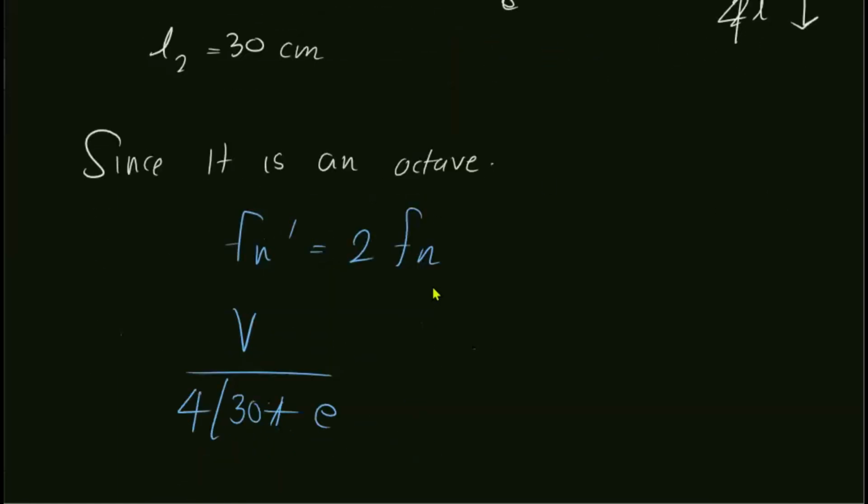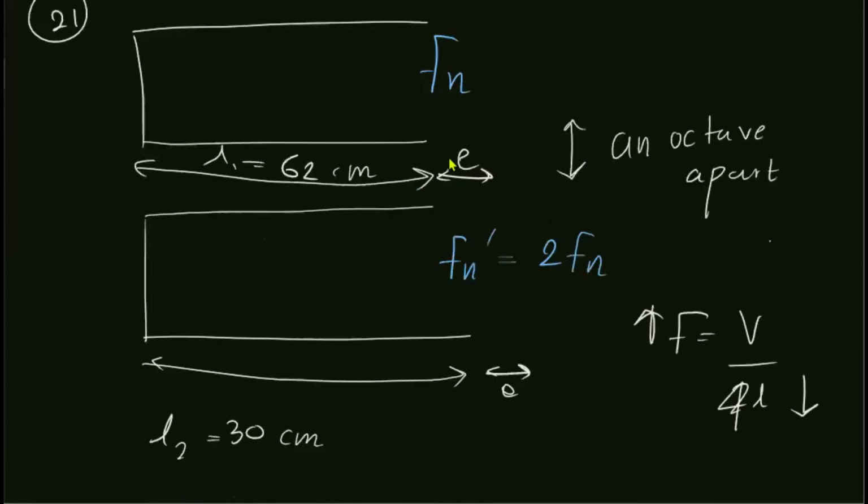Since the diameter is the same, it's not going to be E1 and E2. If they have not mentioned anything about the diameter, then this should be E1 and this should be E2. But here they have told the diameter is the same. So the end correction, whether for a one end closed tube or two open end tubes, always depends only on the diameter. If the diameter is the same, the end correction is the same, right?